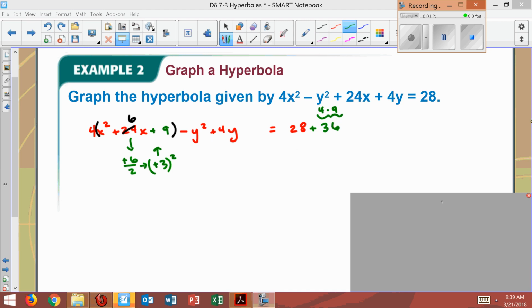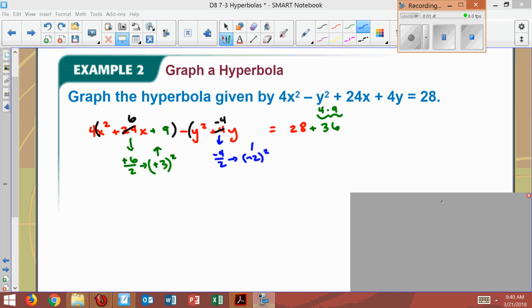Now I go over here. It doesn't appear to have anything to factor out, but I need to actually factor out the negative. So when I do that, this actually becomes a negative 4. So we now take down our negative 4, and negative 4 divided by 2 is negative 2.